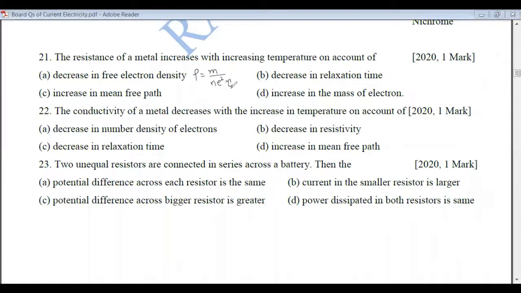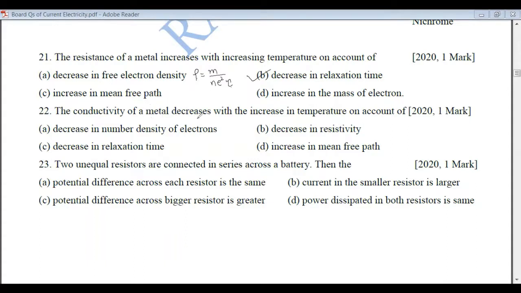As the temperature increases, the relaxation time decreases and hence its resistivity increases, so the resistance increases. So the resistance of the metal increases due to the decrease in relaxation time. So the correct option is due to decrease in relaxation time tau.